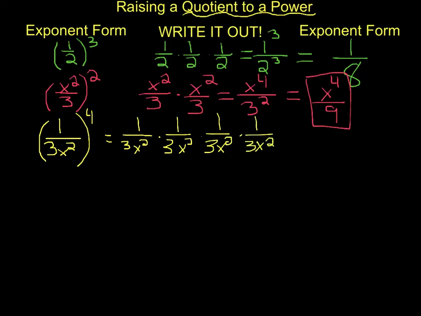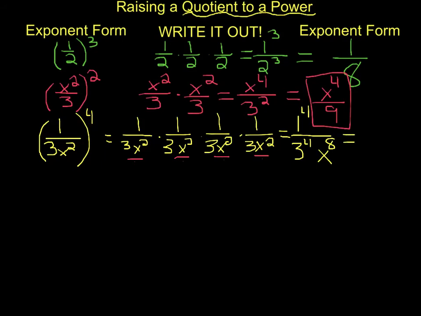So all of that, 1 times 1 times 1 times 1, is basically saying 1 to the power of 4, all over 3 times 3 times 3 times 3, which is 3 to the power of 4. But my x's, I have it written 4 times, but each one is raised to the power of 2. So 2, 4, 6, 8, x to the power of 8.